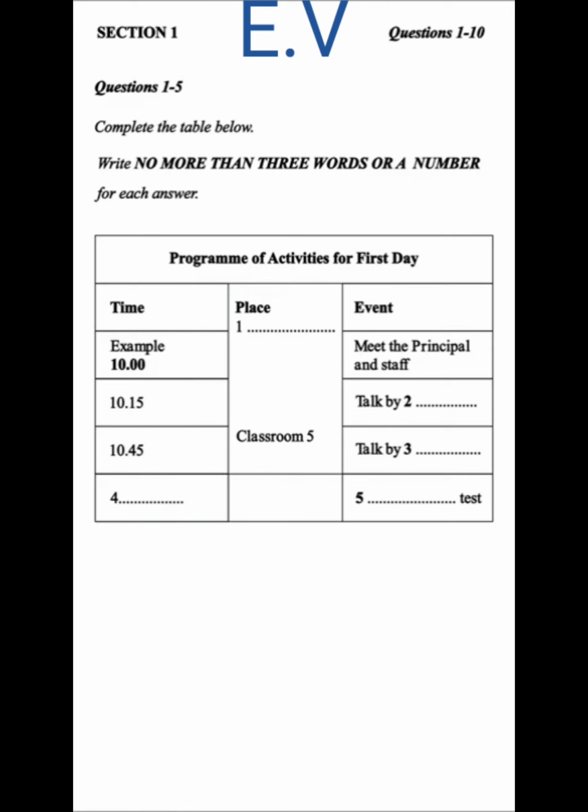So, all of this is in the main hall? That's right. And then you'll go next door to classroom 5 at 11 o'clock. What happens there? You'll have a test. Test? I don't like the sound of that. What sort of test? Oh, it's nothing to worry about. It's just a placement test to help us find your level of English so that we can put you in the right class. It won't last long.